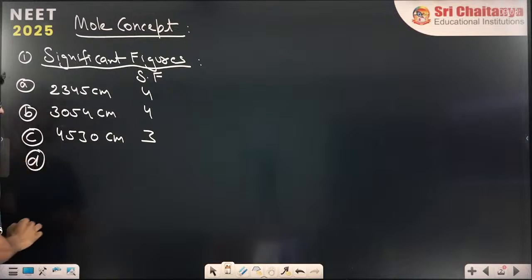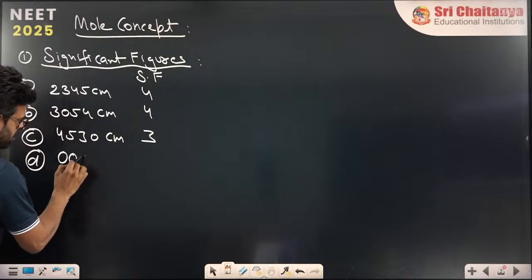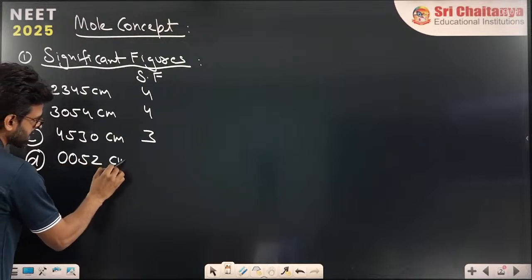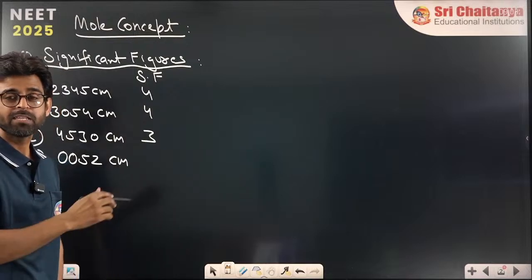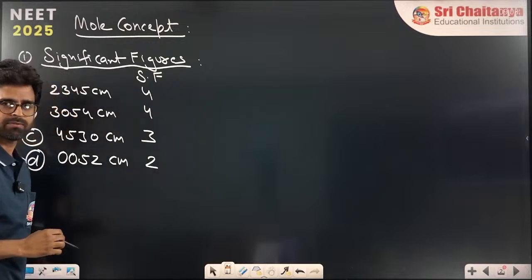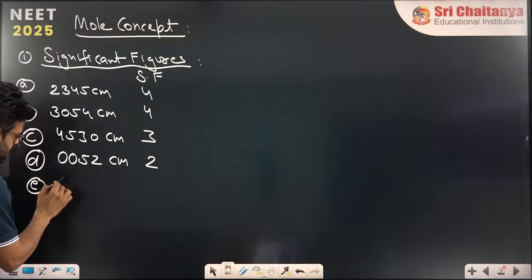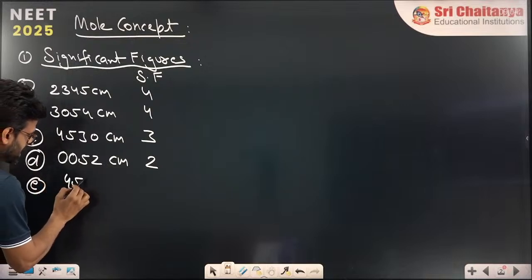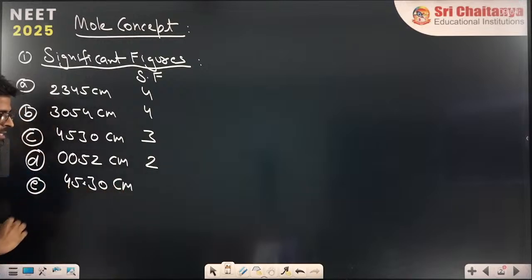For the next one, 0052. Left side zeros are always insignificant, even if you have a decimal. So only 2 SF. Next, right side zeros can be significant if a decimal comes. Imagine 45.30.